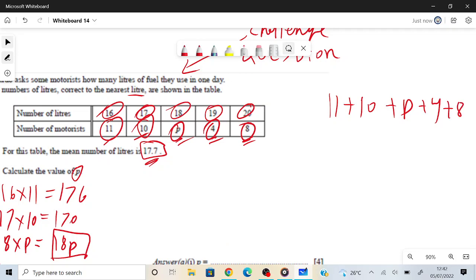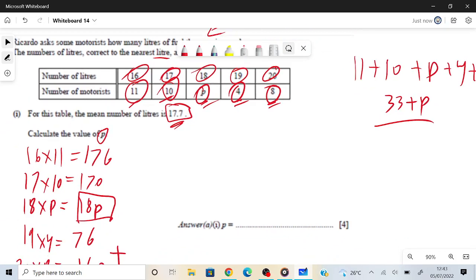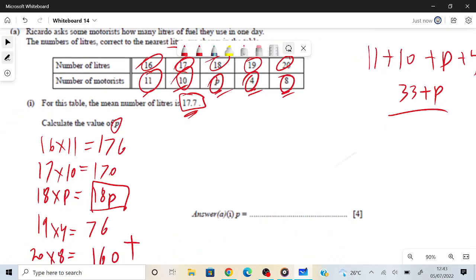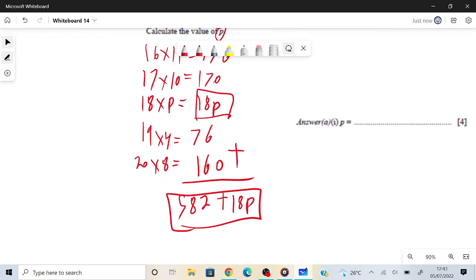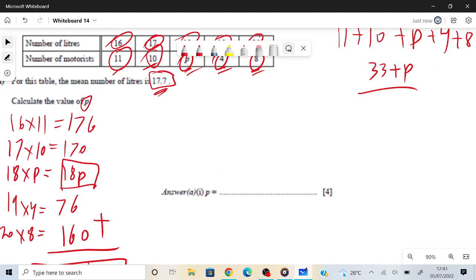Simplifying, 11 plus 10 is 21, plus 12 is 33. So you have 33 plus P. That is your total frequency. So we need to divide 582 plus 18P by 33 plus P.